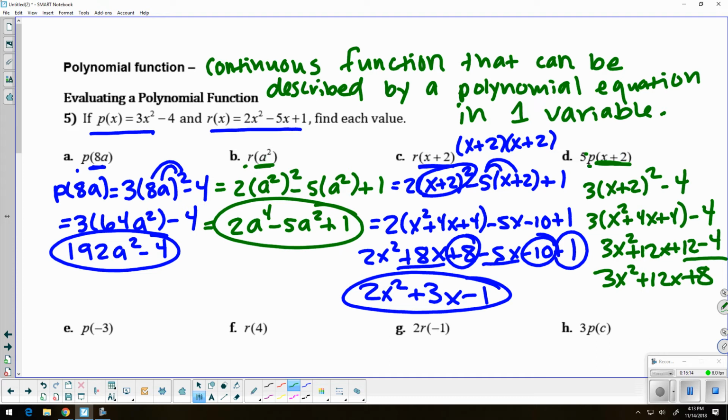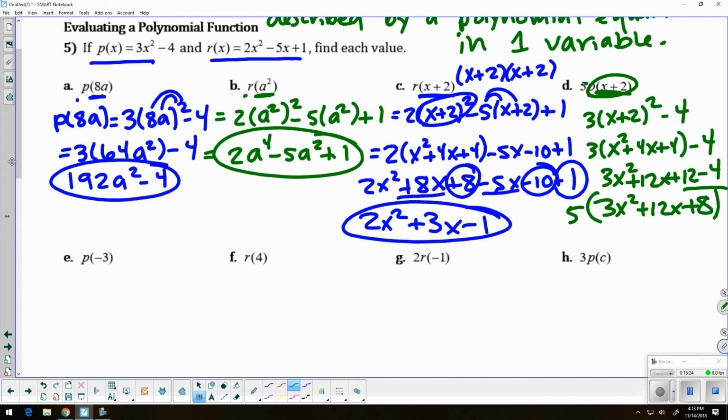Now, so we did p of x plus 2. Now we have to times this whole thing by 5. So now is the time to put that 5 in the front. So multiplying my final answer here by 5 would give me 15x squared. And then 5 times 12, that'd be 60x plus 40. And that is my final answer.